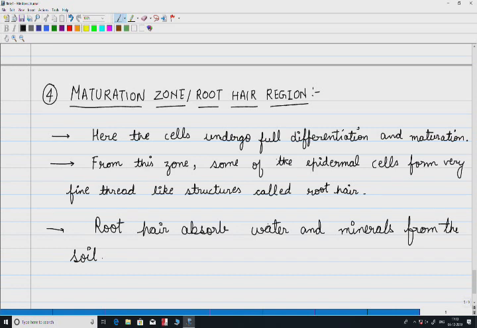This is all about the regions of the root. Let's finish it quickly and we'll move on. Let me know when you're finished.